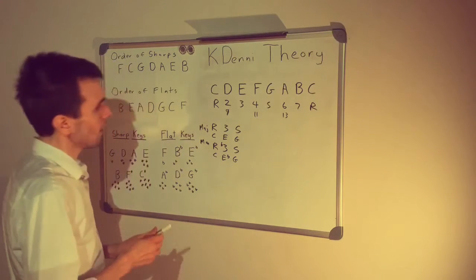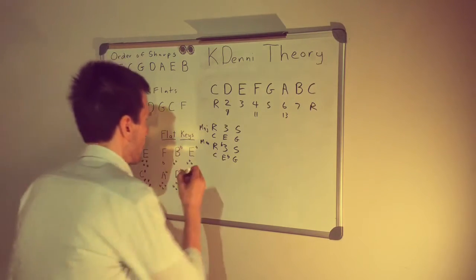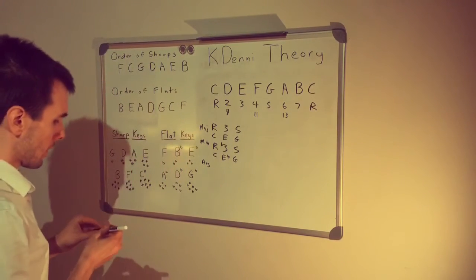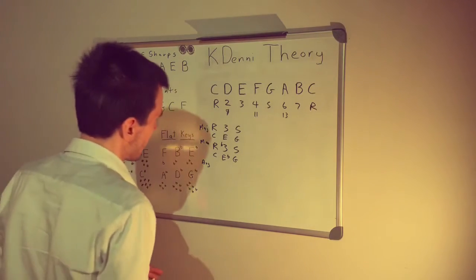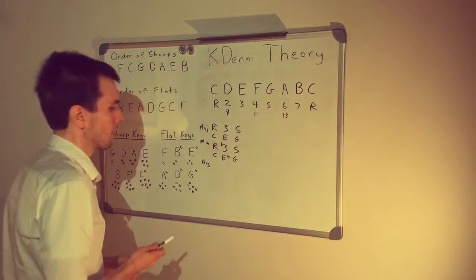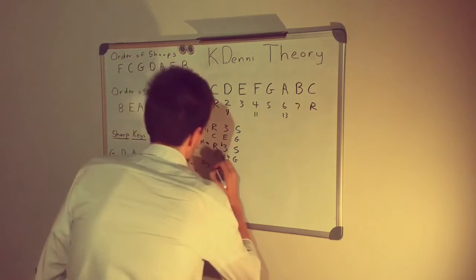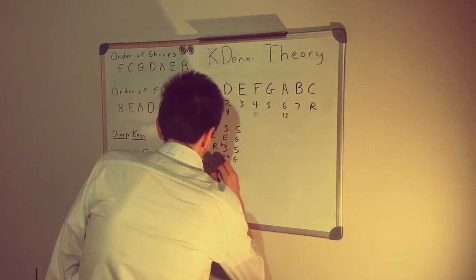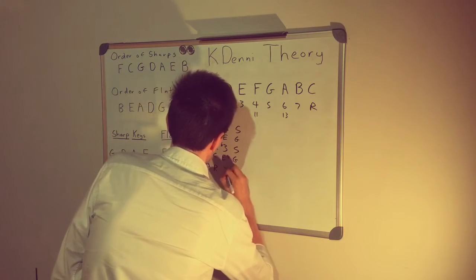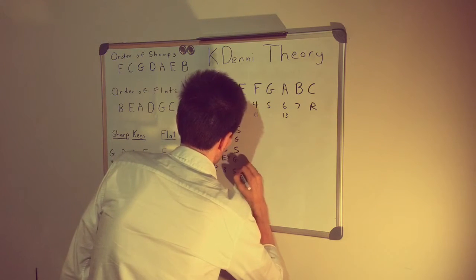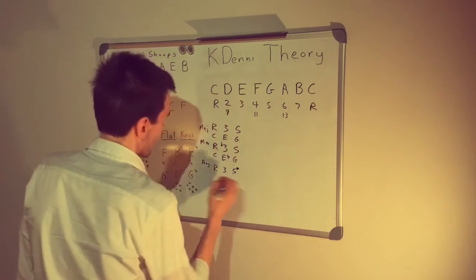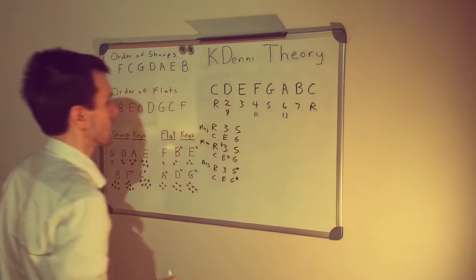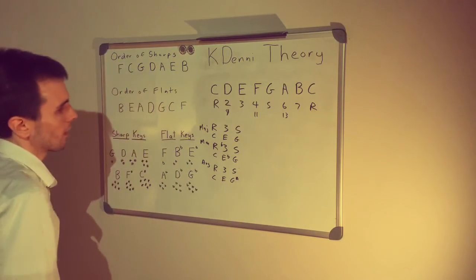An augmented chord is a major chord where augmented refers, in this case, to the fifth. So what we're going to do is raise the fifth. We're going to have a root, a third, and a raised fifth, giving us, obviously, C, E, and G sharp. So that's your augmented chord.